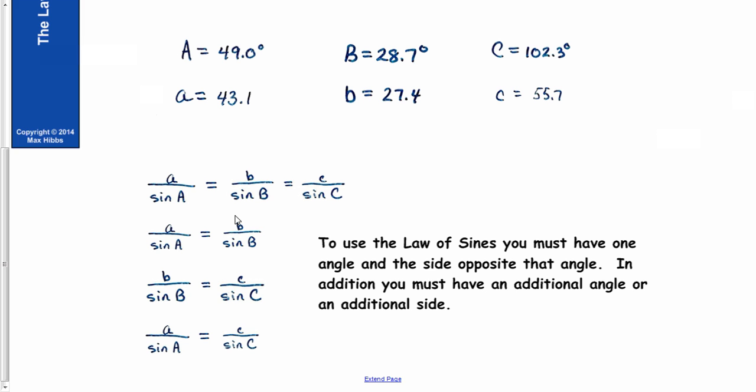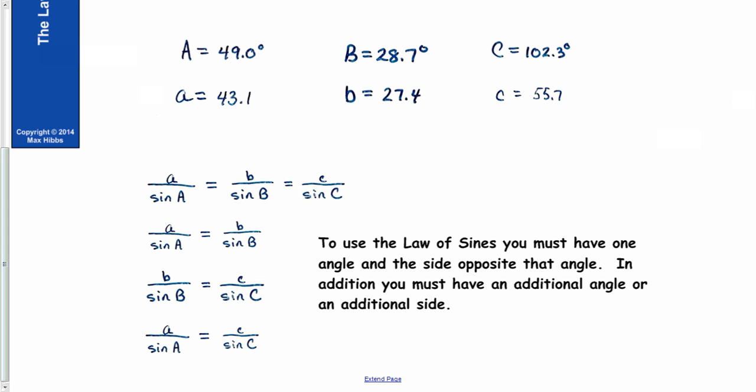If we were looking for B, we'd have to know these other three pieces, and that would include angle A, side A and angle A. That's an angle and the side opposite. So to use the law of sines, you must have one angle and the side opposite that angle, and then one more piece of information.